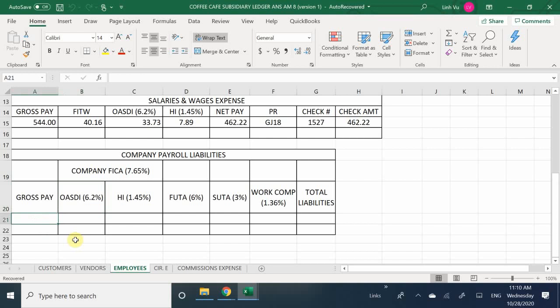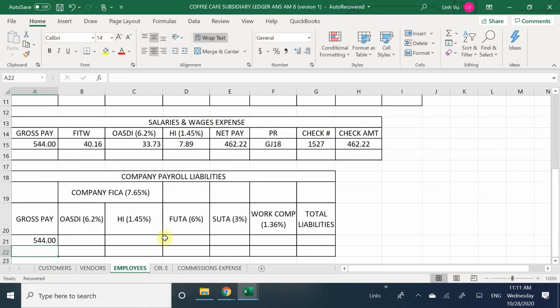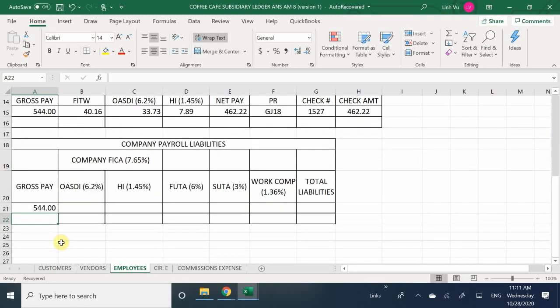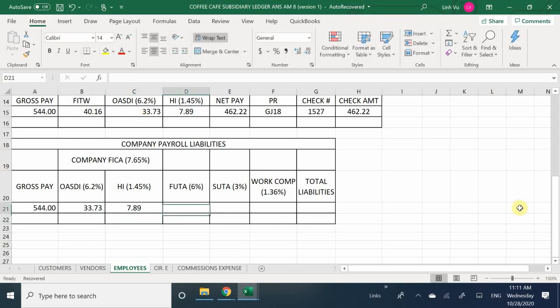So again, the gross pay is going to be whatever we calculated up here, which is the 544. So again, OASDI, we already calculated from above, right here. We've already also calculated the Medicare. Now we got to do FUTA, SUTA, workers' comp, and all of that.